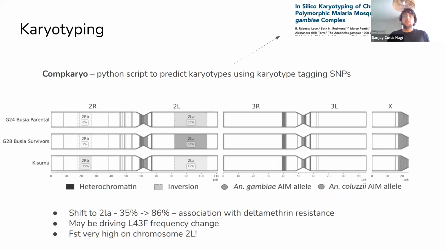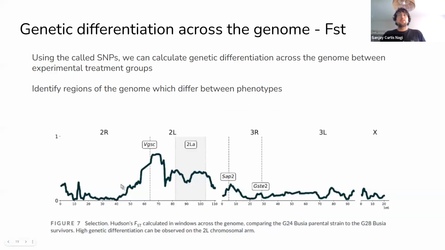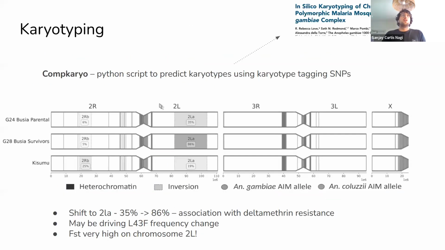So I mentioned the 2LA inversion. There seems to be an extended region of high genetic differentiation. Something else that the pipeline can do is karyotype our samples for chromosomal inversions. In case anyone isn't familiar, Anopheles gambiae sensu lato harbors a number of chromosomal inversions, which are regions of the genome which have essentially flipped, and these are present at varying frequencies depending on where you are in the range of Anopheles gambiae.